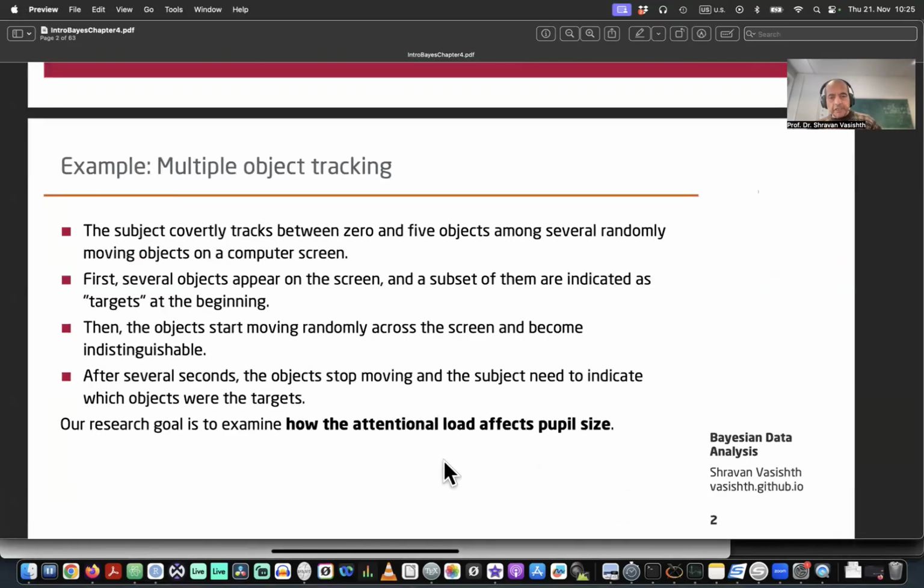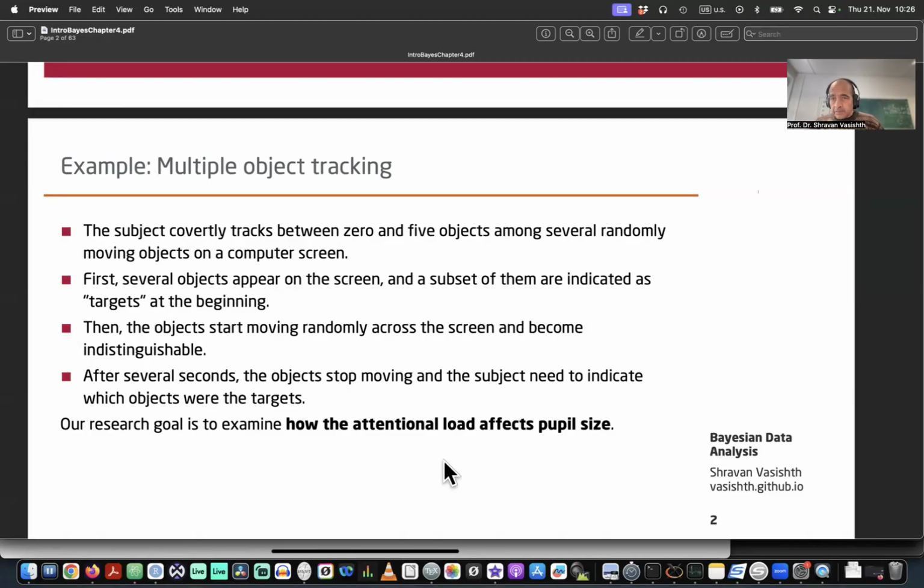So the scientific problem that we're going to look at is a kind of experiment design where the subject has to track multiple objects on the screen. At the start of the trial, several objects appear on the screen, and then the subject is shown which objects are of interest, which ones have to be tracked.